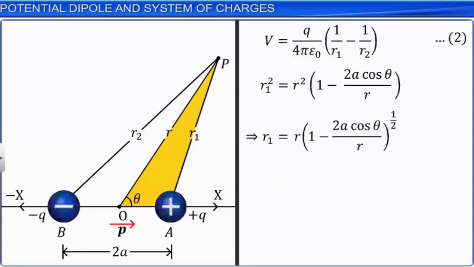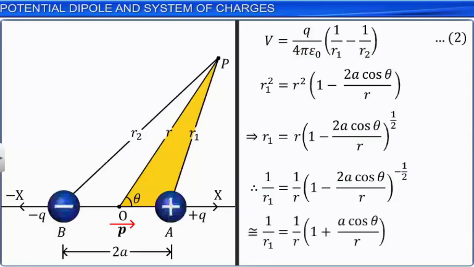Therefore, 1 by R1 is equal to 1 by R into (1 minus 2A cos theta by R) power minus half. Using binomial expansion of the terms in parentheses, we get 1 by R1 is equal to 1 by R into (1 plus A cos theta by R). Let this be equation 4.